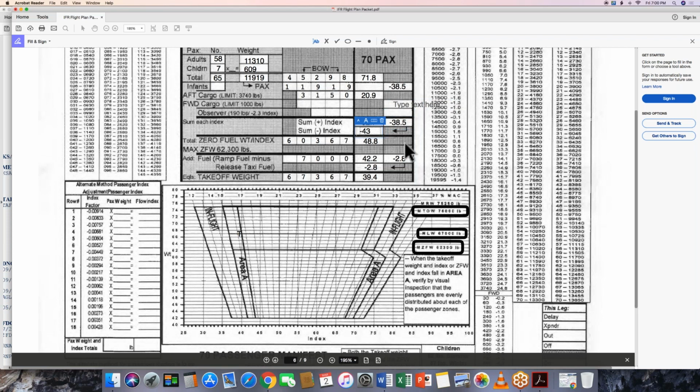Put that down here. So what's 92.7 minus 38.5? 54.2.